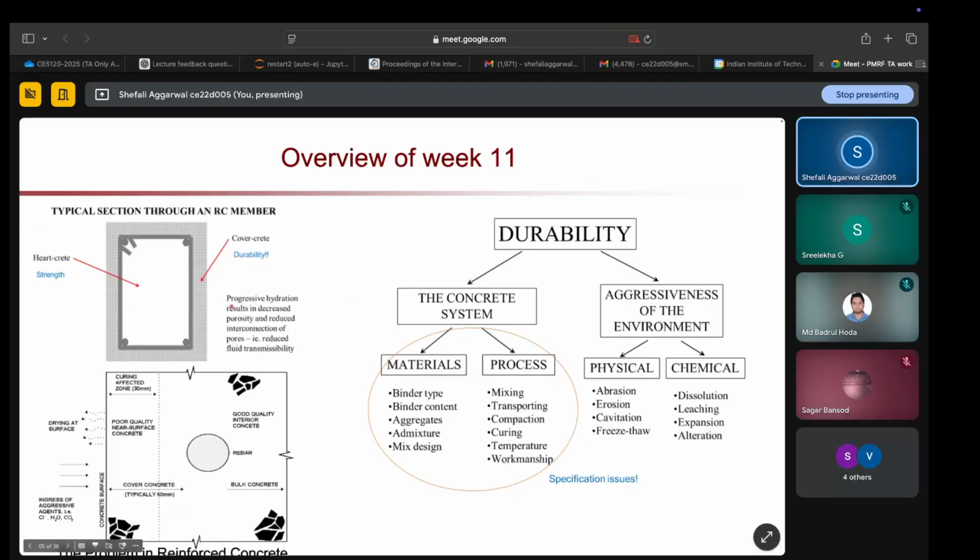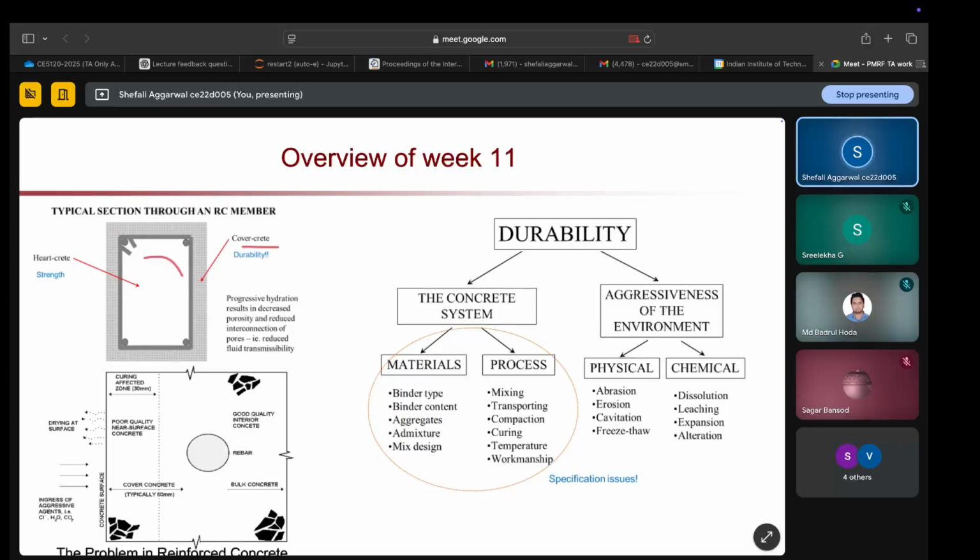So if we give an overview of durability, let's say this is the cross section area of any column or beam. You have two concrete systems in this case. First you have core concrete, or let's say hard concrete, that is inside your rebars, and then you have a small outer area outside the rebar which is called cover concrete.